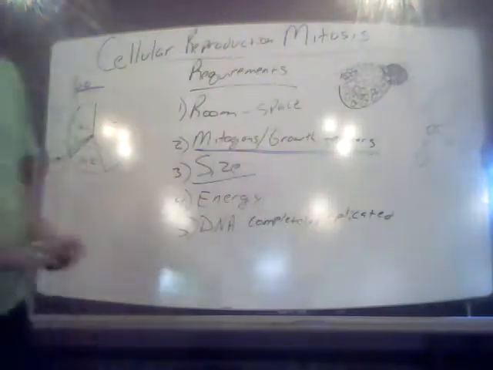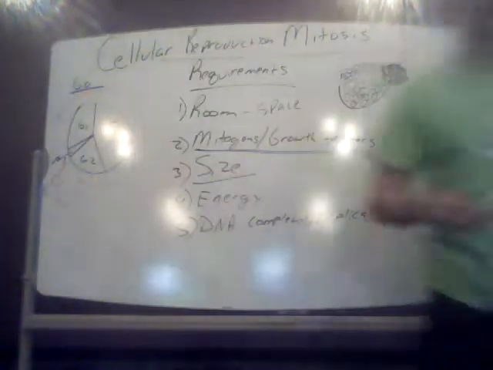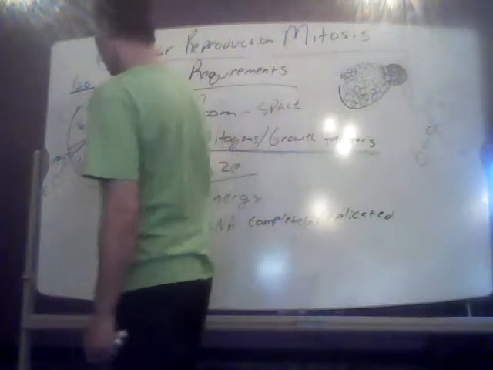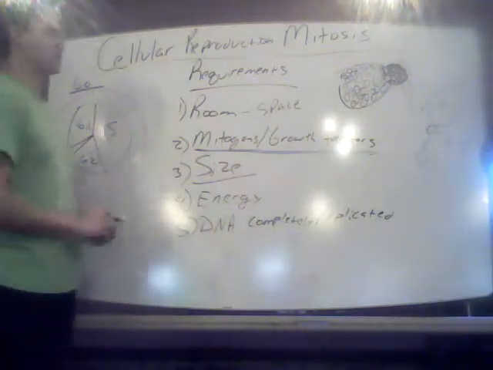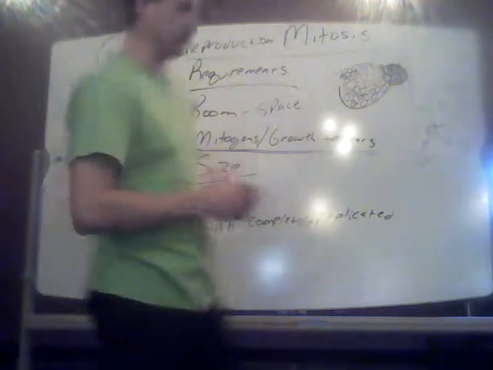All right, and the cell is going to get larger because the DNA is replicating and the organelles are making new organelles. So as a result, the overall size of the cell is going to get bigger. And again, that's what the gap 1 and gap 2 phases ensure. Like I said, they're basically cellular stall tactics to ensure that the cell is large enough and that the environment is also conducive to cell division.